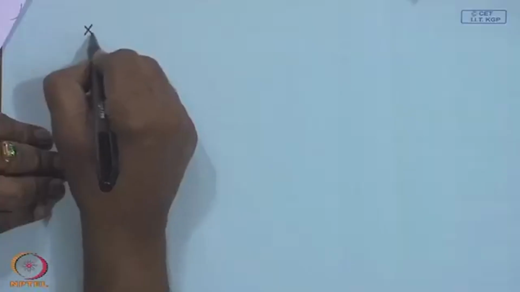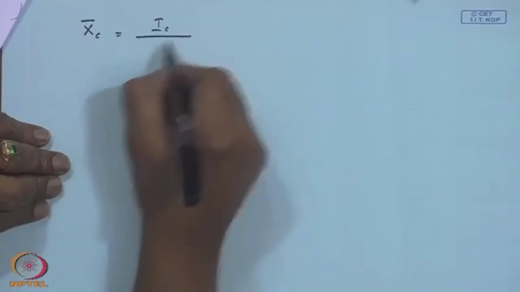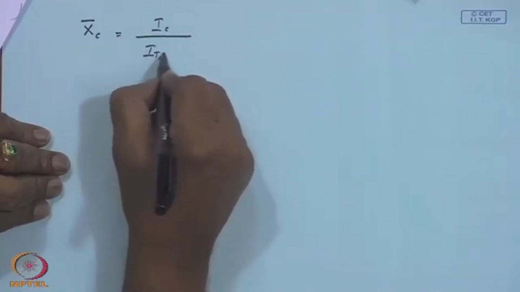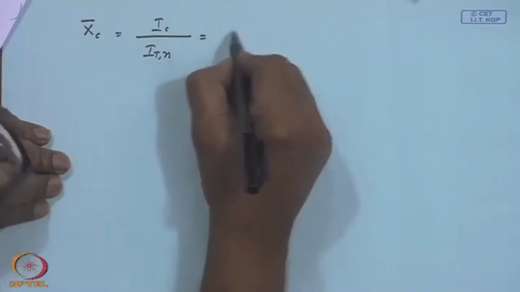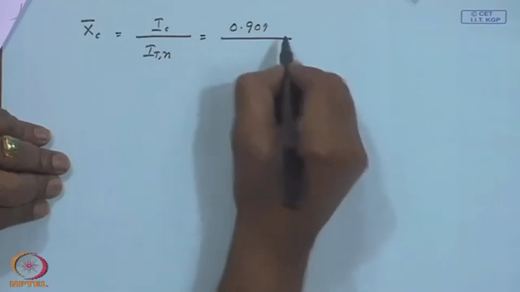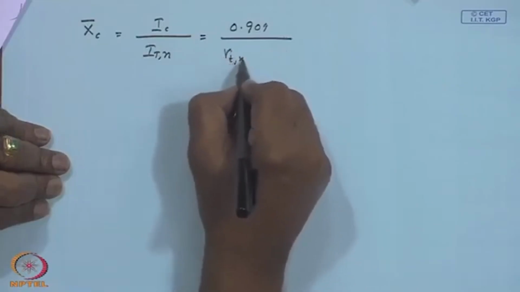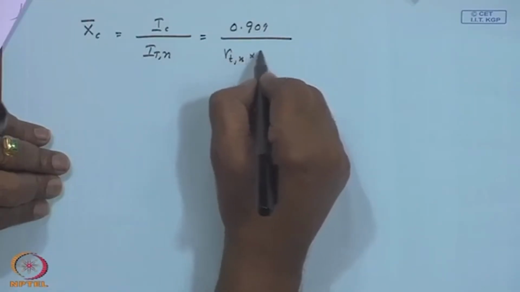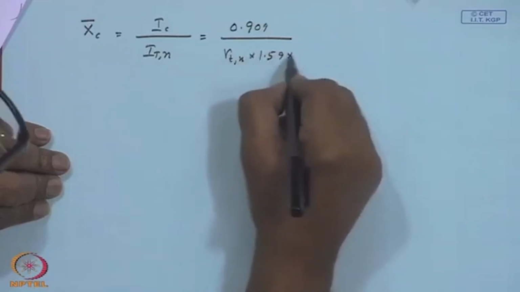So, non-dimensional critical level will be X c bar will be I c by I t noon time, that is equal to, now we got 0.909, which is R t n into R n into H bar.